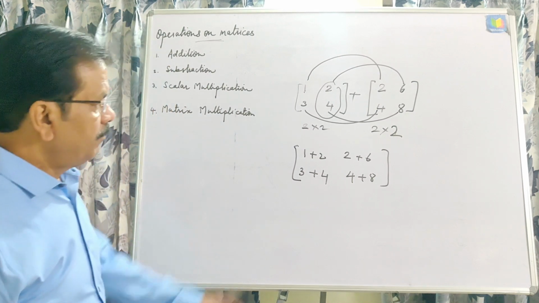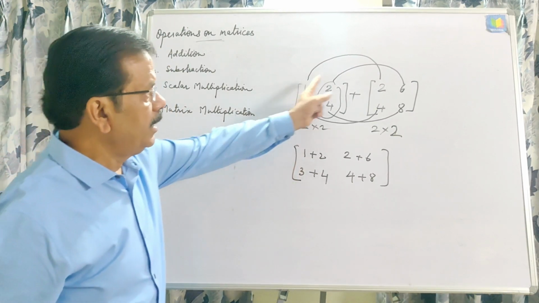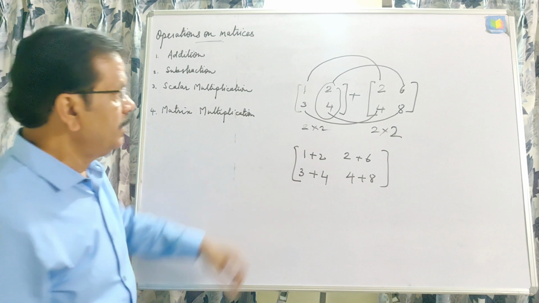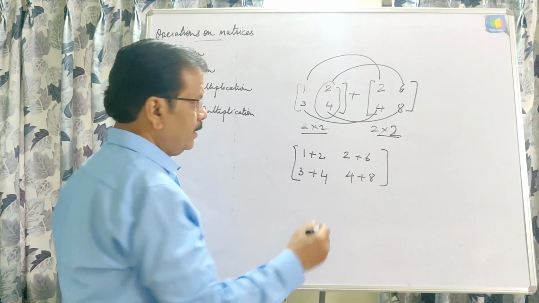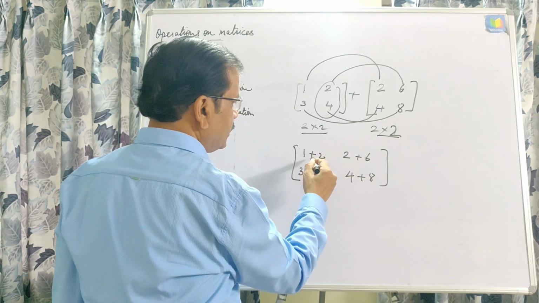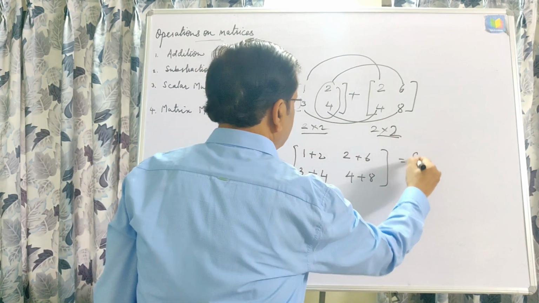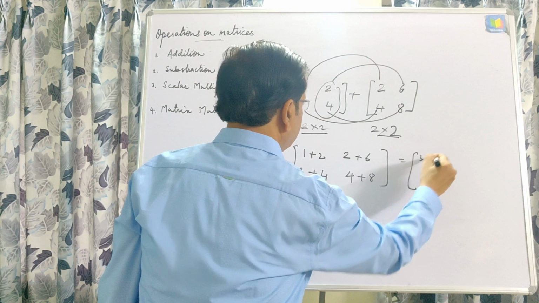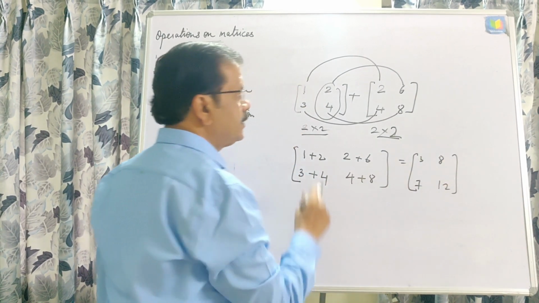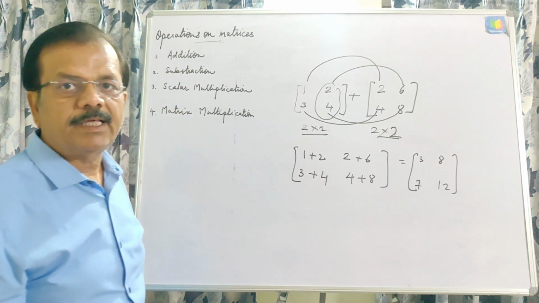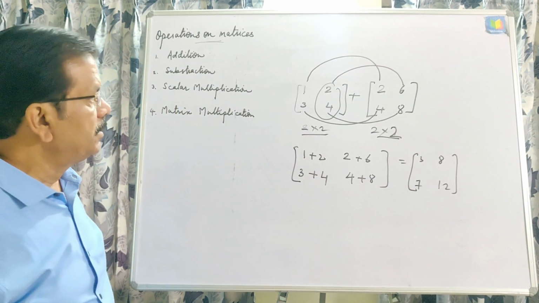In this way, we can see that corresponding elements are added. First thing, we should see the order and then we can add. And this way we are getting the answer, that is 3, 8, 7 and 12.